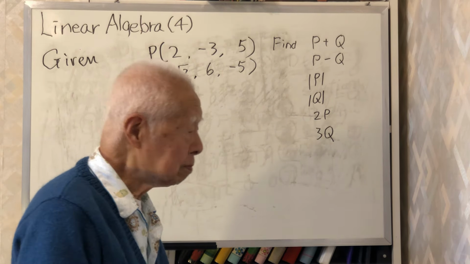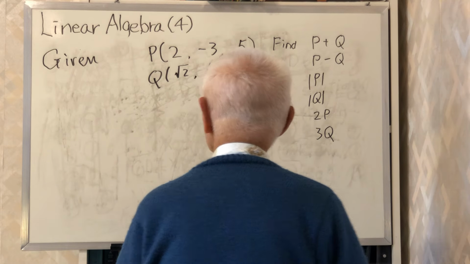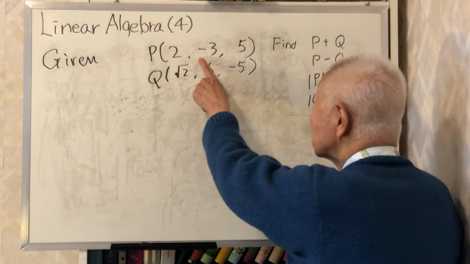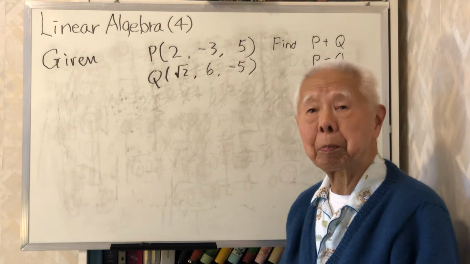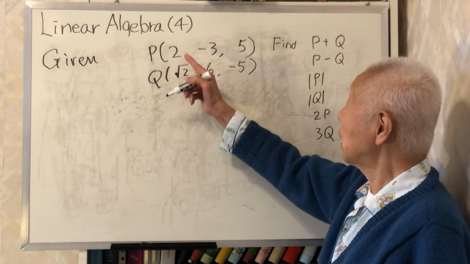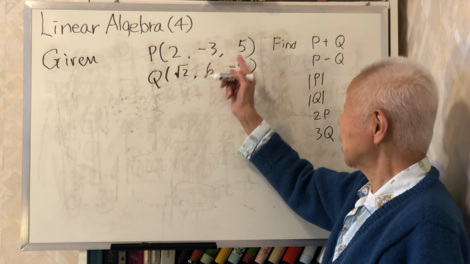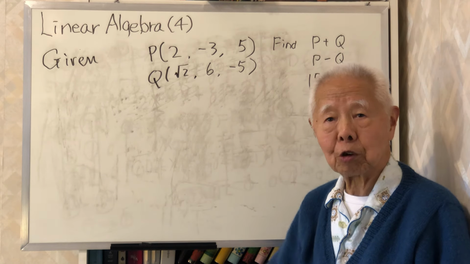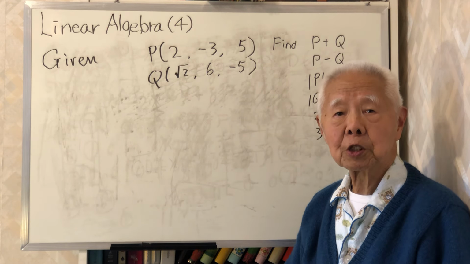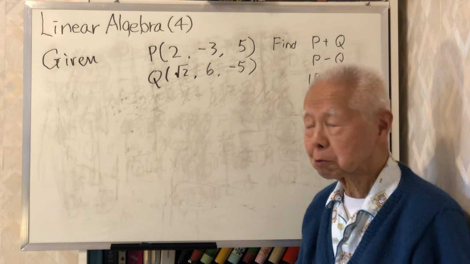First of all, the P looks like a point because I have x, y, z. A point in three-dimensional space.